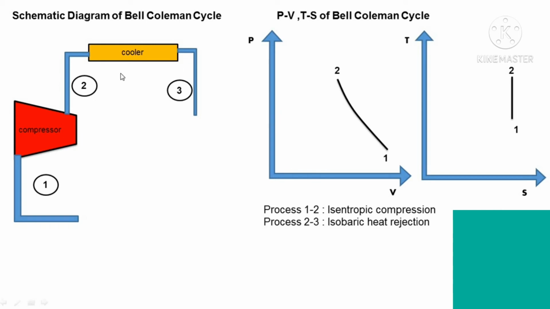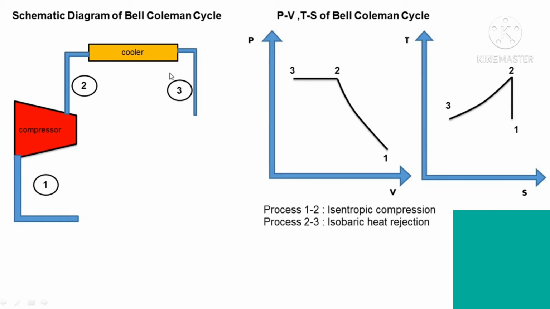Now, as the air gets cooled from 2 to 3 at constant pressure, we get a horizontal line on the PV diagram, as its volume is reduced from V2 to V3 and temperature is also reduced from T2 to T3. This constant pressure process on the TS diagram shows a curve.